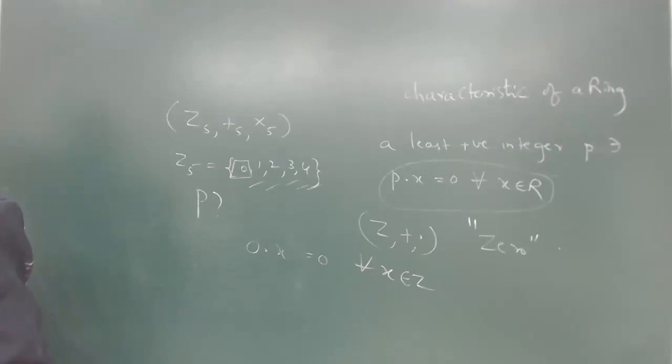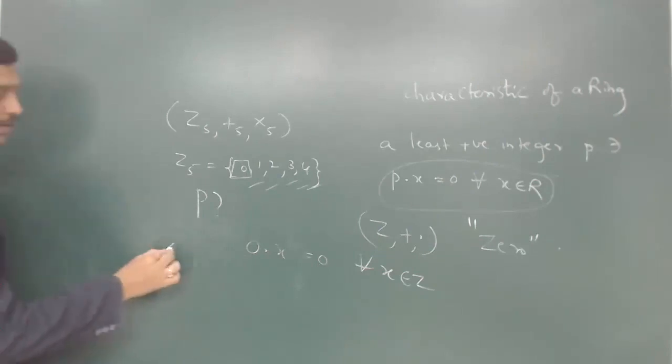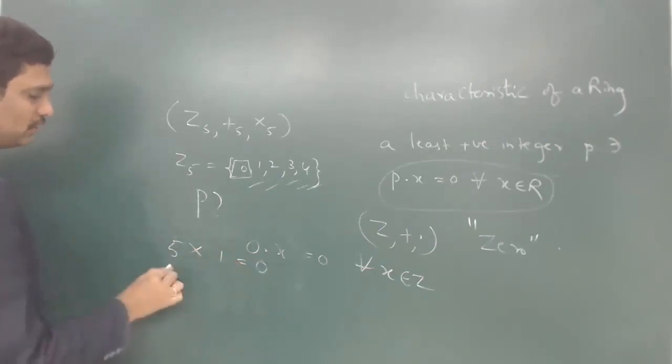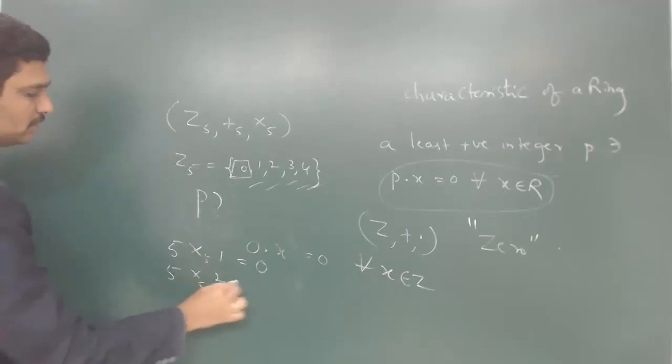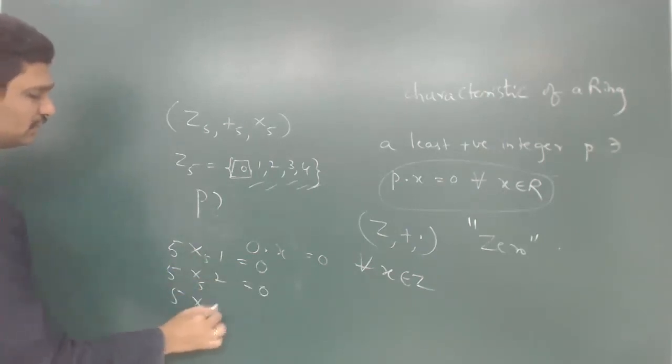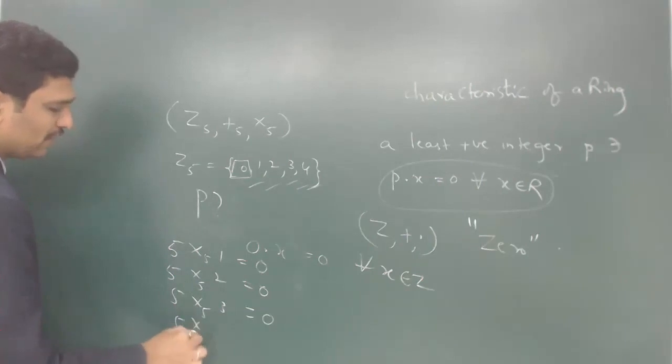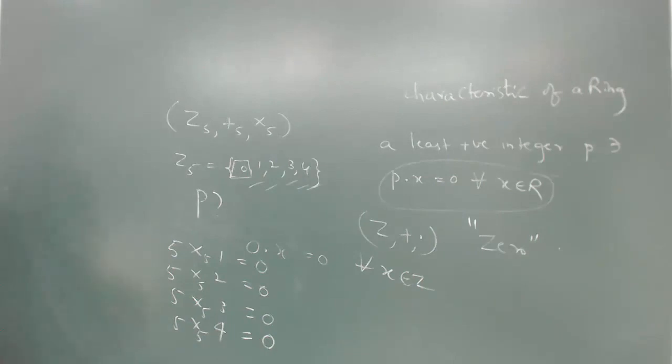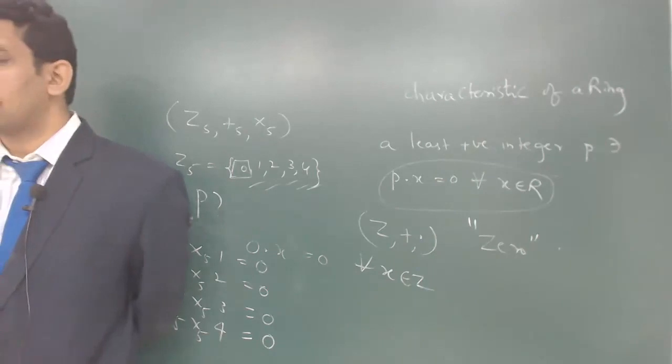I say that 5 is the number because 5 into 1 is 0, 5 into 2 is 0, 5 into 3 is 0, 5 into 4 is 0. We accept it? Under the operation multiplication modulo 5, please understand. I am taking the remainder after performing the operation by doing division with 5. As you know what is meant by multiplication modulo 5. Accepted?